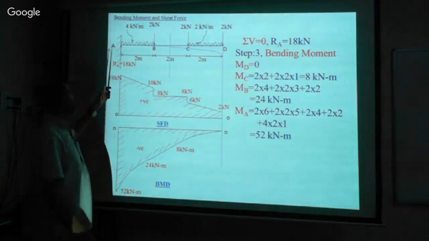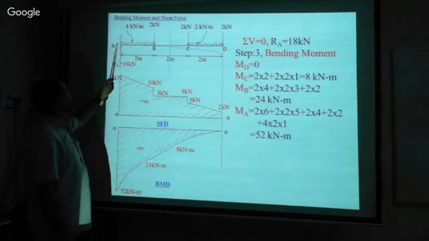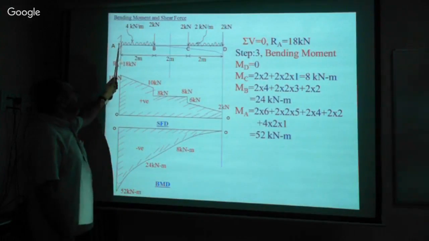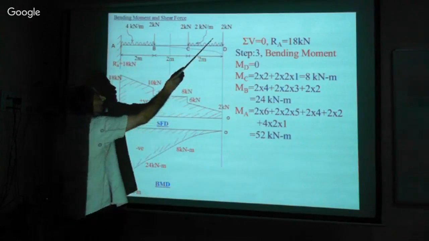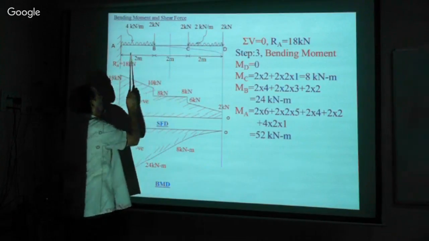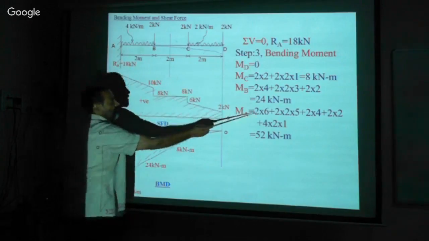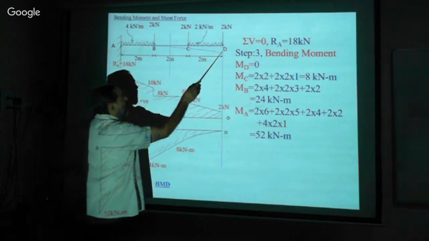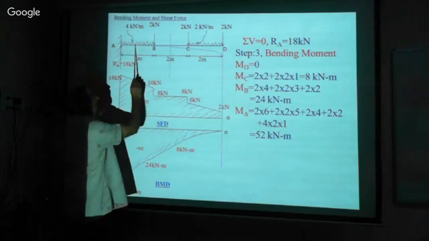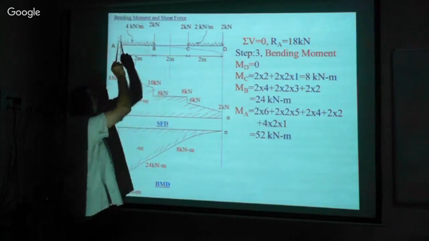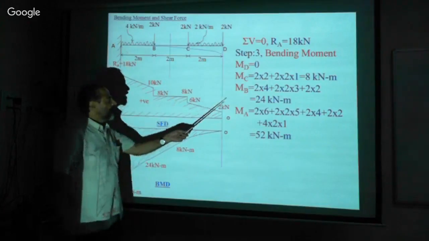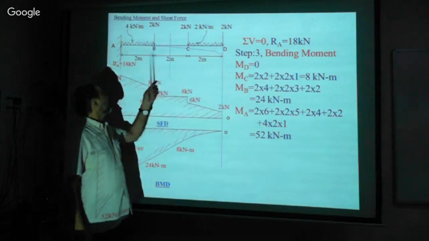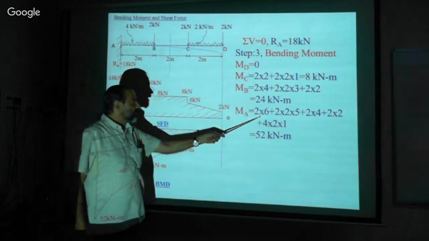And similarly, at this point, bending moment at A, that is right hand side. Now therefore, see, this is 2 kilonewton multiplied by 6 meter. And all are creating clockwise moment with respect to point A. Now therefore, that is 2 multiplied by 6 meter.